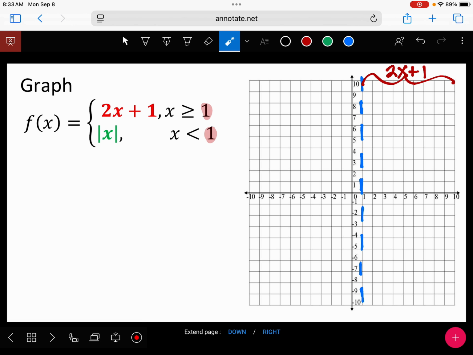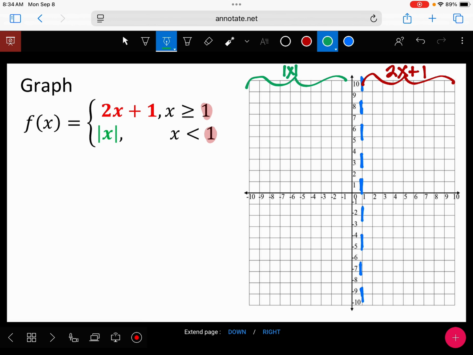Now notice that they both can't equal 1 because then it wouldn't be a function. So they did rock, paper, scissors, and one of them said, okay, I got the 1. But only one of them can have it. Only one. Okay, so over here, we have the absolute value of x.